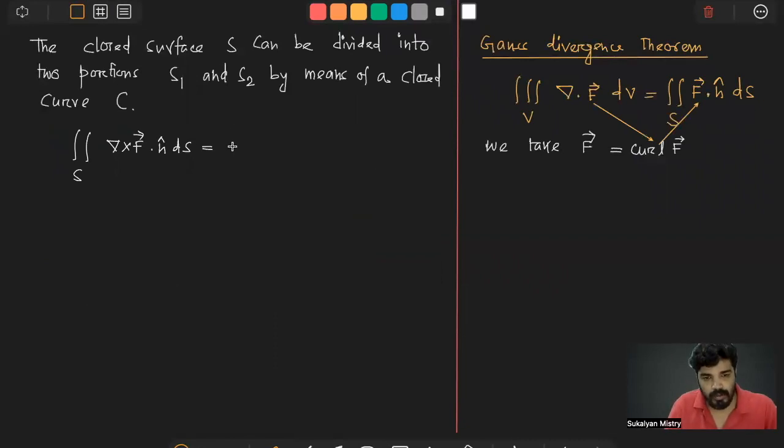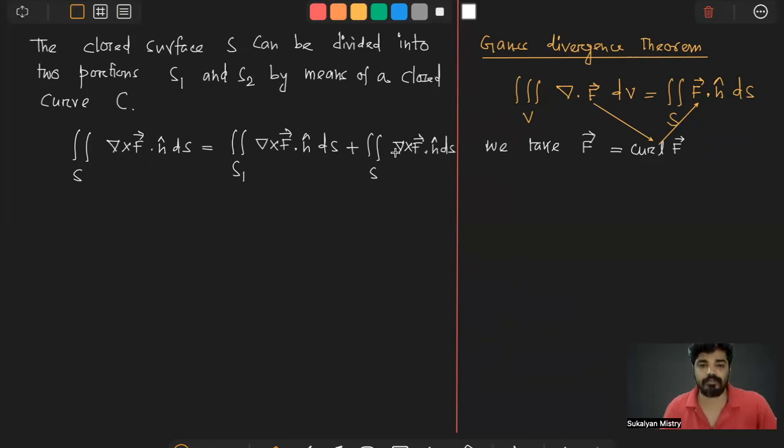So that is equal to the double integral over S1 of del cross F dot N dS plus the double integral over S2 of del cross F dot N dS.